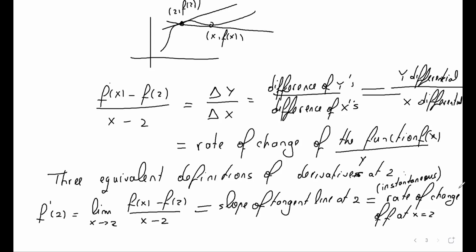But a lot of people drop the word instantaneous and just say rate of change at 2, versus the rate of change, the limit of rates of change, around 2. So that is the definition of f prime, of a derivative.